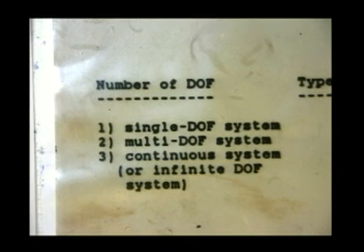If I know, for example, x of t, then I know where the system is. Then there could be multi-degree of freedom systems. A multi-degree of freedom system is a system which has a number of degrees that is finite, but bigger than one.